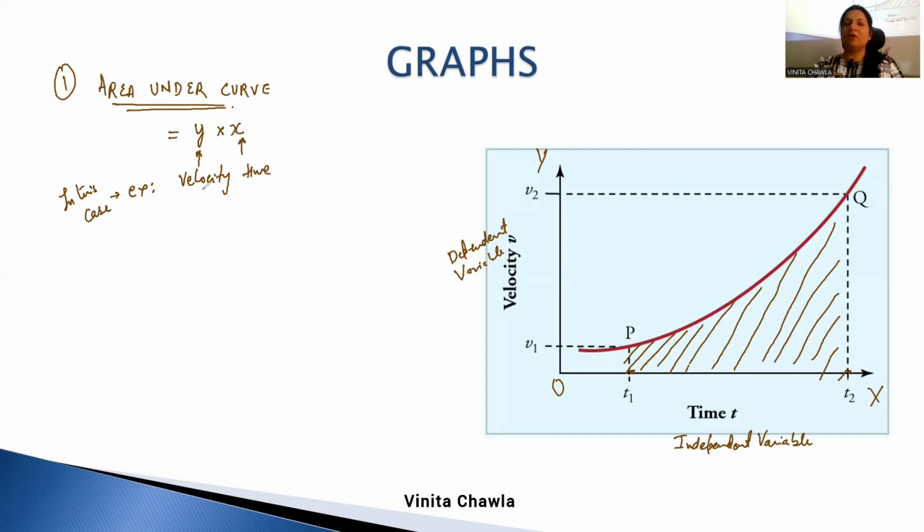So when we multiply velocity and time, we get displacement. What is displacement? Velocity is displacement upon time, right? Velocity is displacement upon time. So displacement is velocity into time.